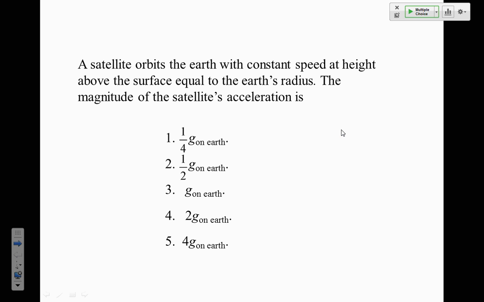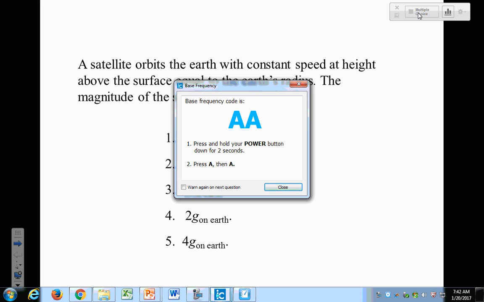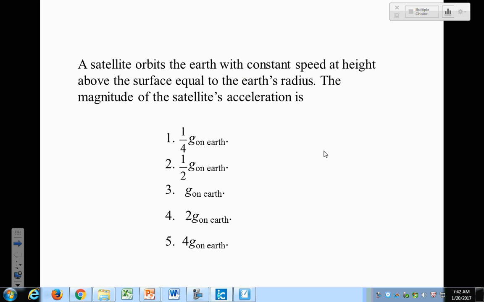So a satellite orbits the Earth with constant speed at a height above the surface of the Earth equal to the Earth's radius. The magnitude of the satellite's acceleration is which of these? I have the surface of the Earth, the radius of the Earth, and another radius of the Earth up is where the satellite is. What is the magnitude of the satellite's acceleration?